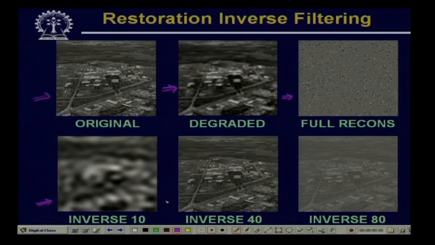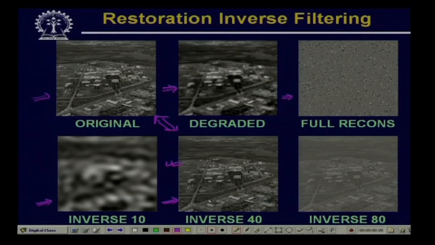The middle image shows a very good image, where the distance within which the u, v values were considered for reconstruction was taken to be 40. This reconstructed image contains most of the information which was contained in the original image. So, this is a fairly good restoration.